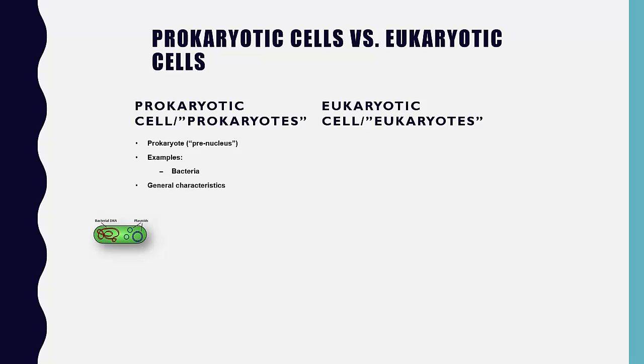General characteristics here, and I have a little illustration. They're very simple, as you can see. They're really small. Small is a relative term, but typically the bacteria that we tend to study in microbiology are somewhere around 3 micrometers. It depends.